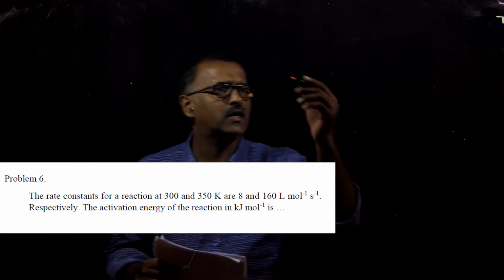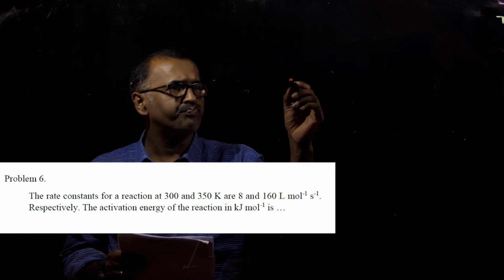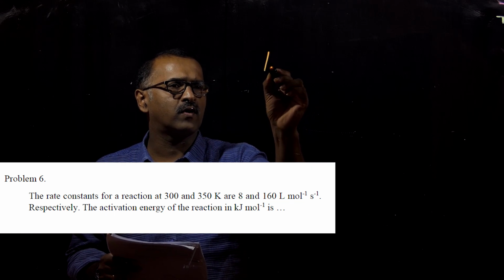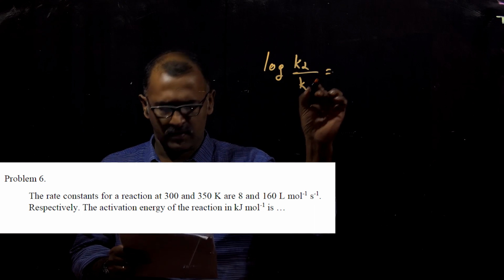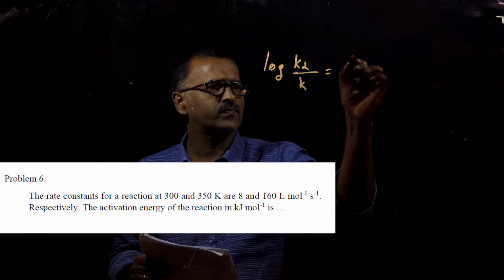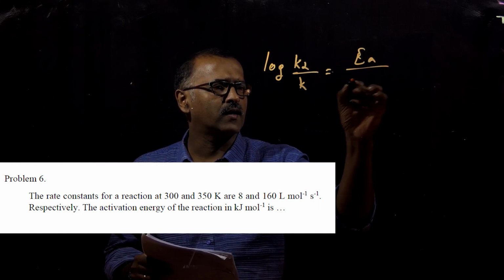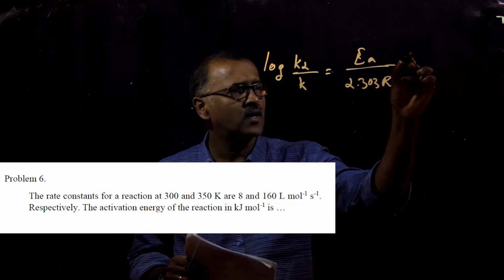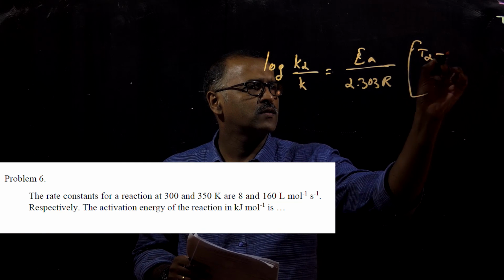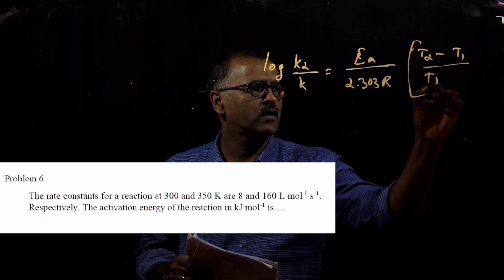So directly we know our integrated form of Arrhenius equation, which is log k2 by k1 equals Ea by 2.303 R, where R is the gas constant, multiplied by (T2 minus T1) by T1 T2.